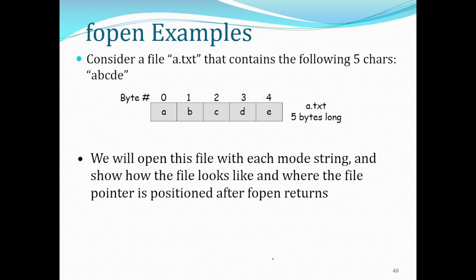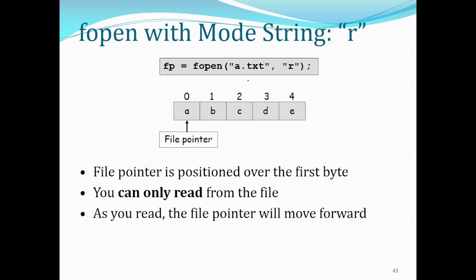Let's say we have a file that has 5 bytes in it. When we open this file with read, the file pointer, or seeking position, is basically pointing to my first byte. That means we are able to read from the first byte to the end.